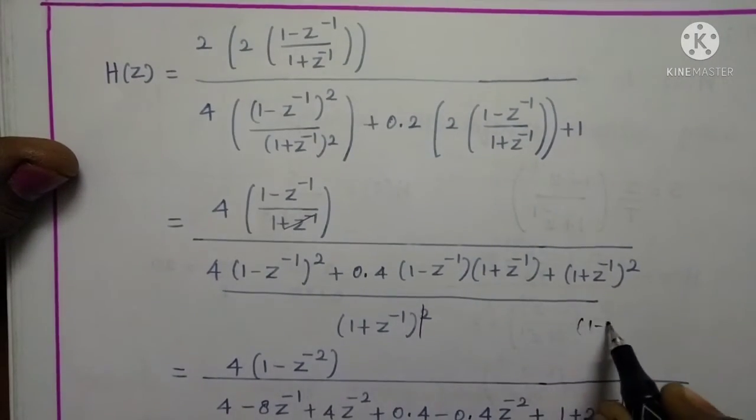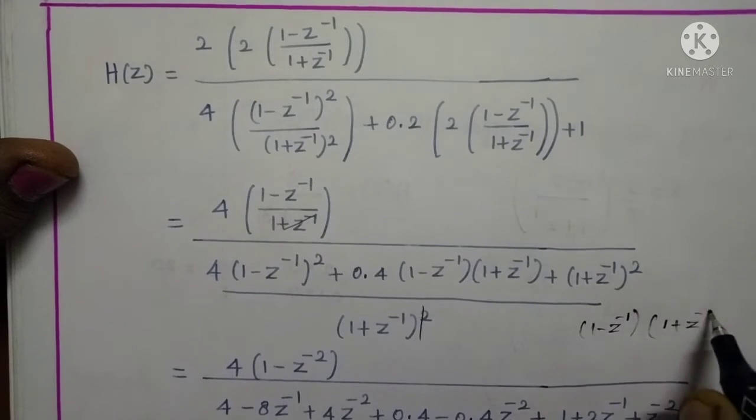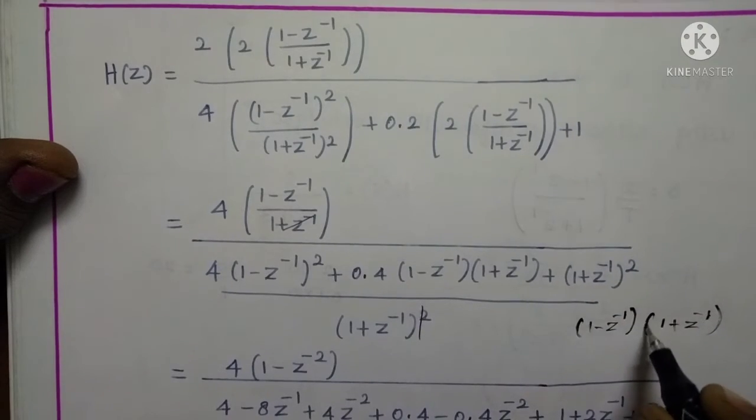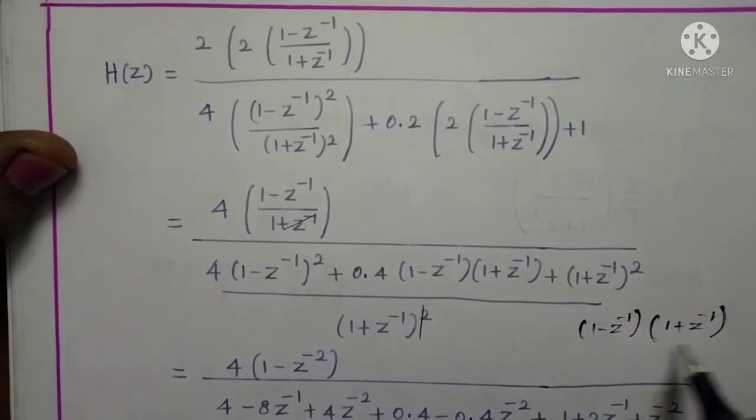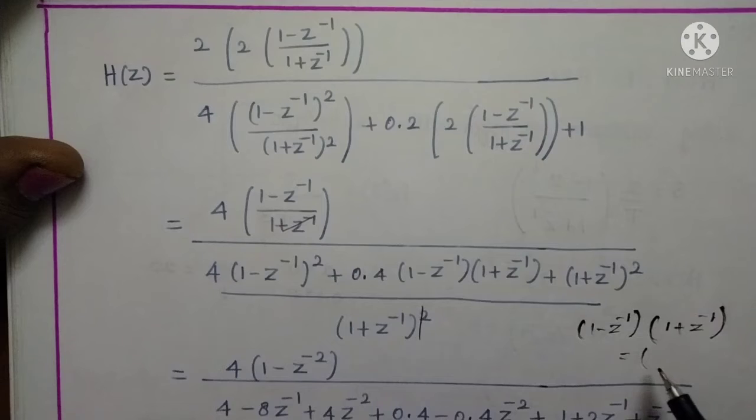So we will get 1 minus z inverse into 1 plus z inverse. This is nothing but (a minus b) into (a plus b), or (a plus b) into (a minus b), we will write as a square minus b square, right? So a square is 1 minus b square.